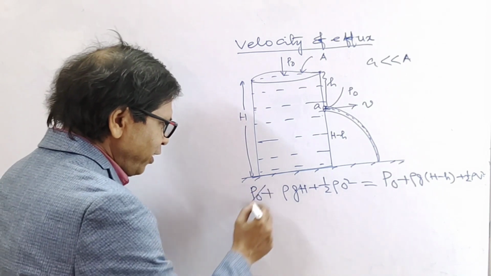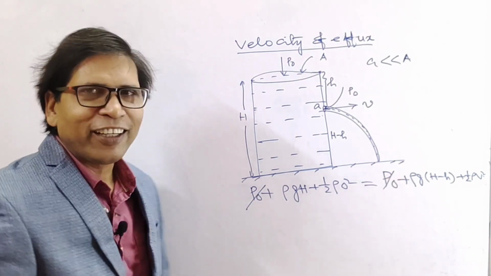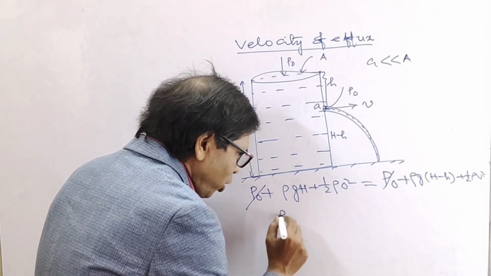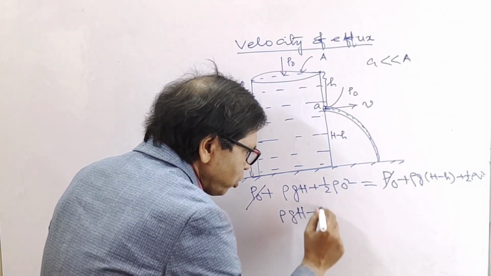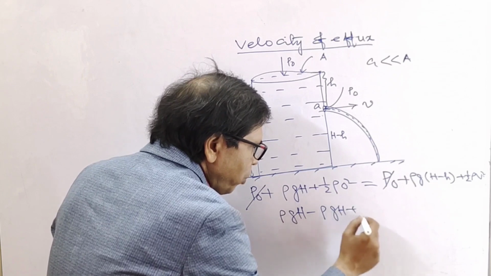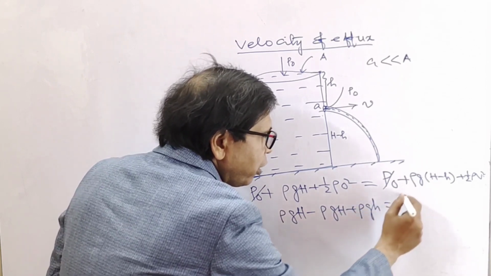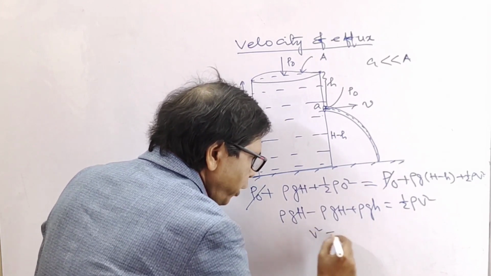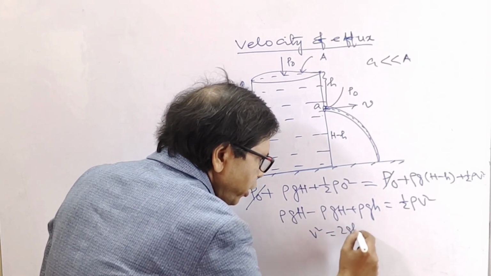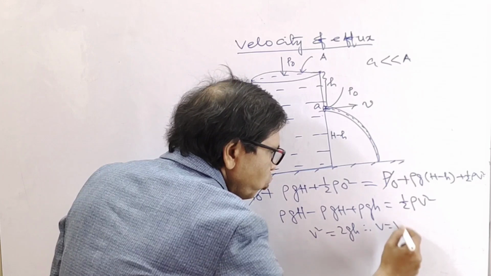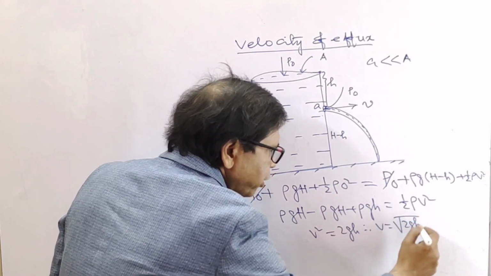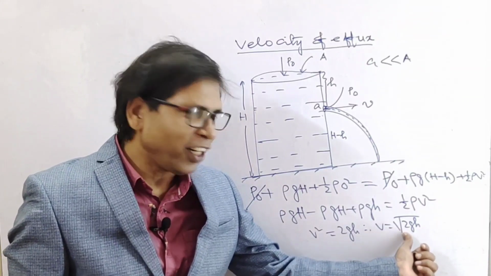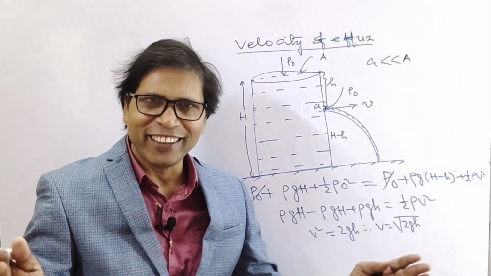Now this and this cancel out. Understood? So rho gH minus rho gH plus rho g small h equals half rho v square. Therefore v square equals 2gh, therefore v equals root under of 2gh. So velocity of efflux v equals root under 2gh.